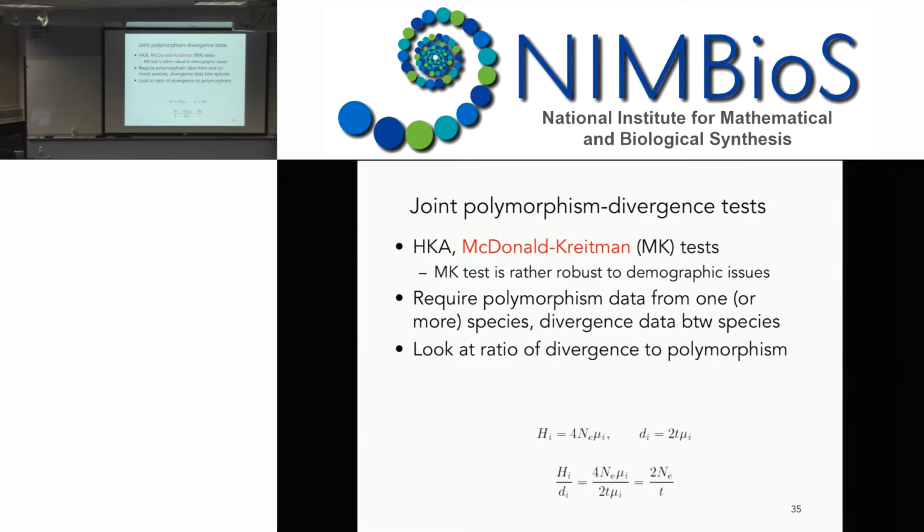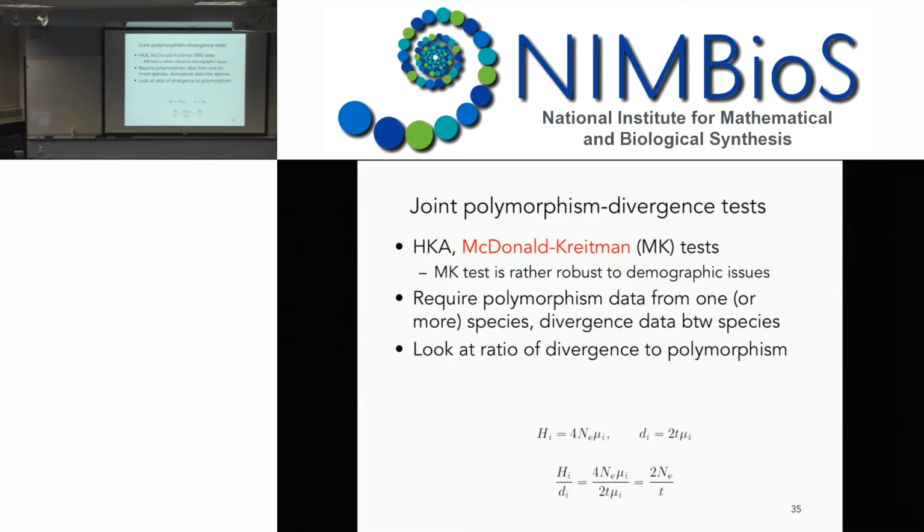I'm now moving to the class of tests that take divergence data. You have a model species, Pieris rapae, the cabbage white. Take Pieris protodice, the checkered white out here, or Pieris occidentalis, sibling species, and sequence rapae, sequence occidentalis, get an estimate of polymorphism in one of those two, and then ask if there's some inconsistency in the pattern.